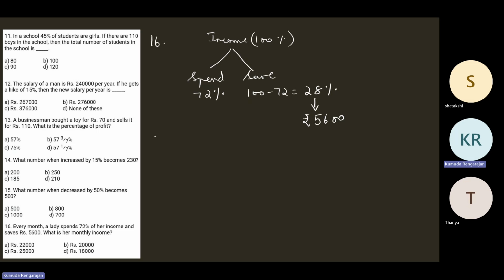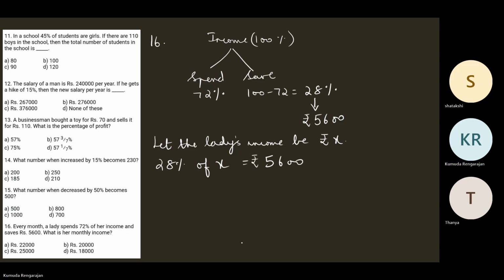Which means you must say let the lady's income be rupees X. 28% of X is equal to 5,600. 5,600 is her savings, and the percentage of savings is 28%.